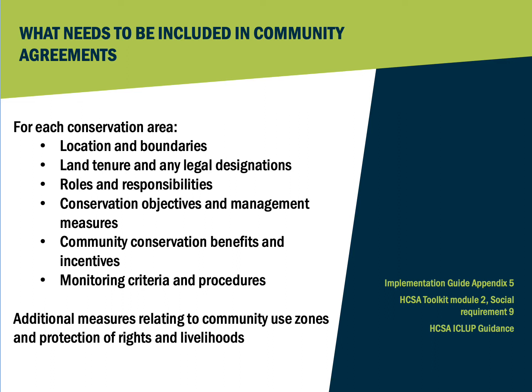Also community conservation and benefits and incentives, and what happens if they don't materialise, and criteria and procedures for monitoring, reporting and feeding the results back into management. Agreements would also need to include any additional measures relating to cultural sites and community use zones, including rules on access by company staff.